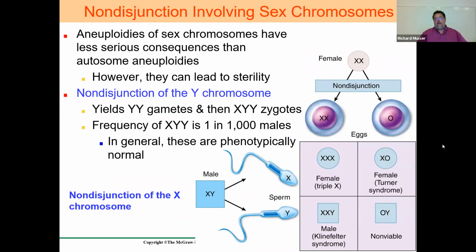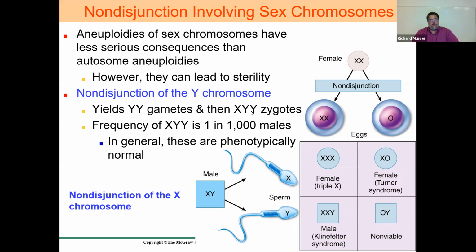Then there's also non-disjunction that takes place in sex chromosomes as well. In some cases, this can lead to different phenotypes and sterility. So there can be situations where you can have gametes with two Ys and then XXY zygotes.